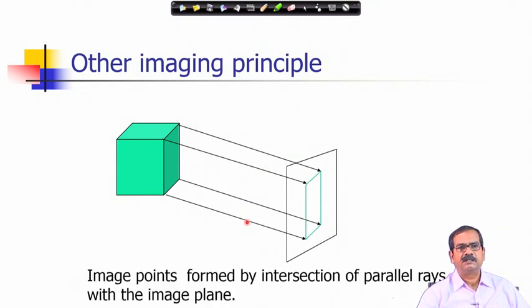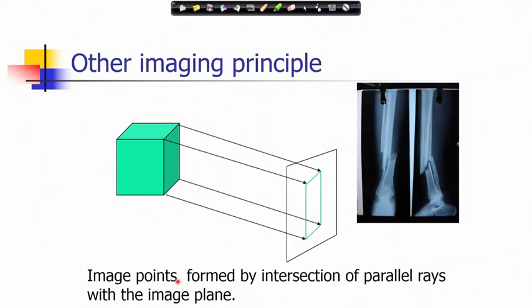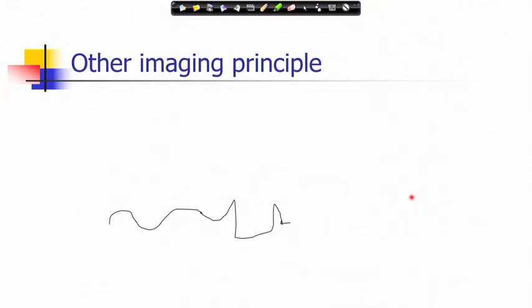So, this rule we can summarize as: image points are formed by the intersection of parallel rays with the image plane. One example of this kind of imaging is X-ray imaging, where parallel X-ray beams pass through our body, through bones and tissues, and then intersect the X-ray plate, which acts like an image plane and forms the image. This projection is known as parallel projection.